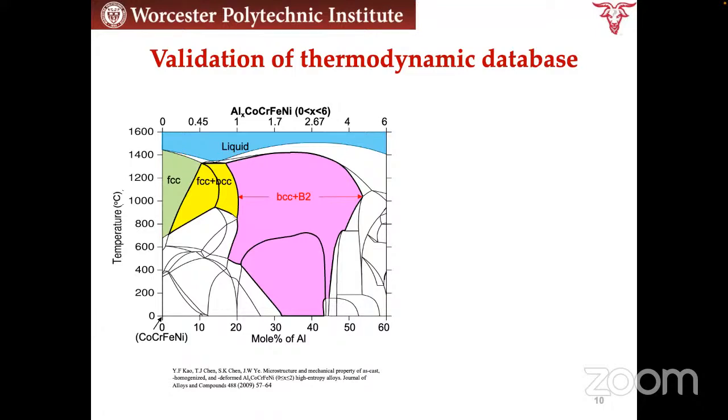Is the phase boundary in the pink area an order-disorder transition? Yeah, here actually a lot of things happen. I will show you, but before that, I want to show how these results compare with the experimental data. The liquid-solid line has a pretty good match, and the FCC to BCC boundary also has a pretty good match.